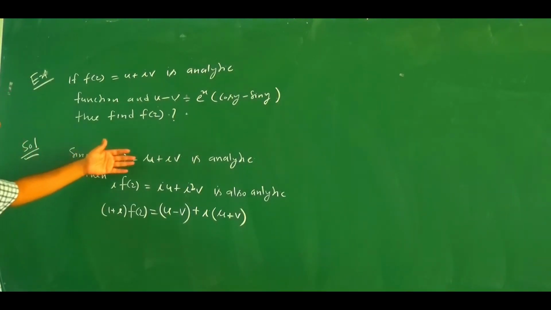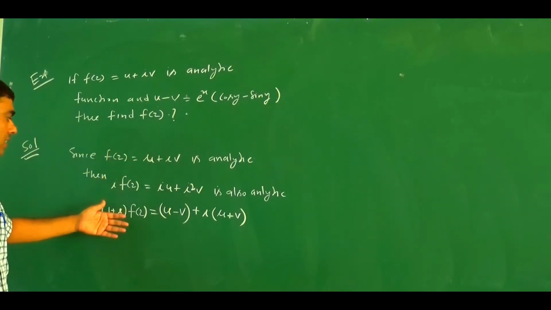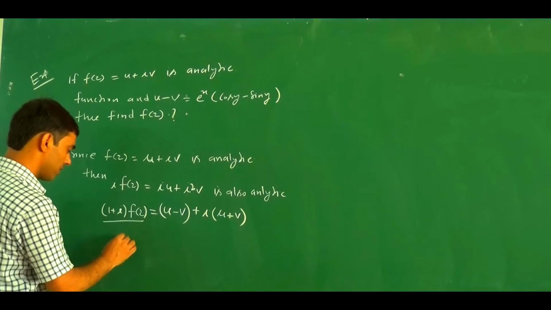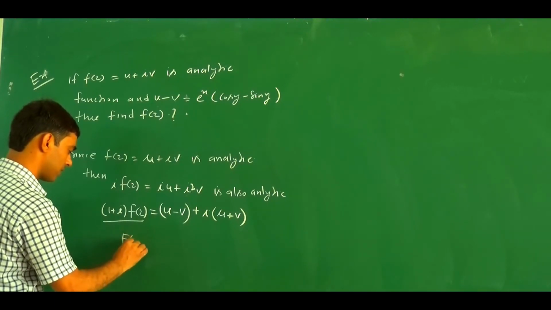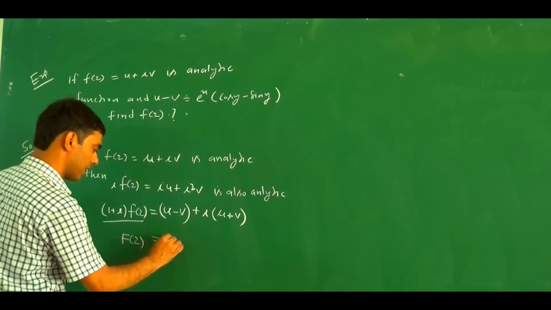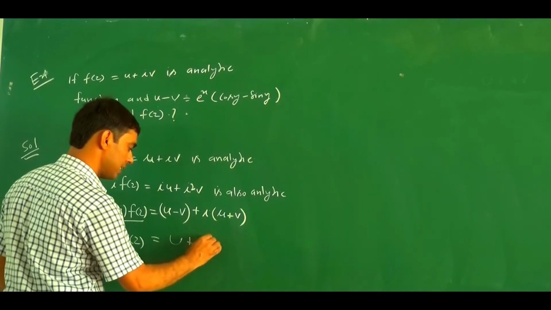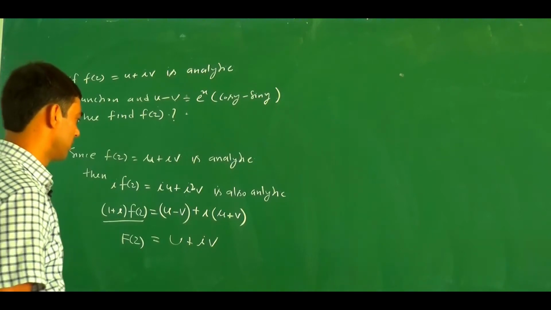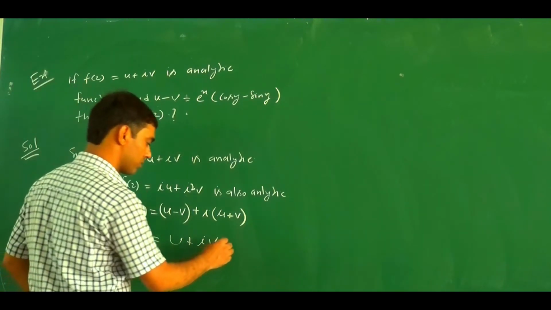So the sum of this one is analytic, this one is analytic, and the sum of analytic functions is also analytic. So here we write, suppose this one is F(z) = capital U + i capital V. The sum of two analytic functions is also analytic.